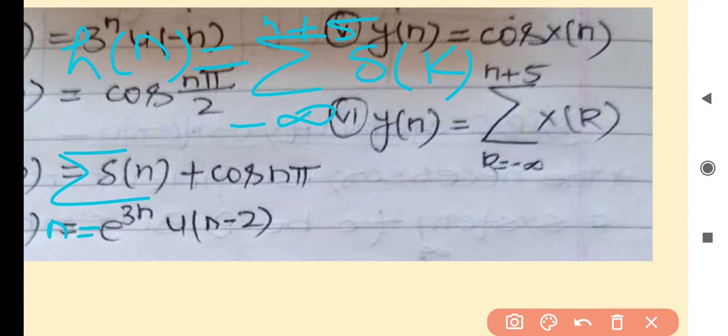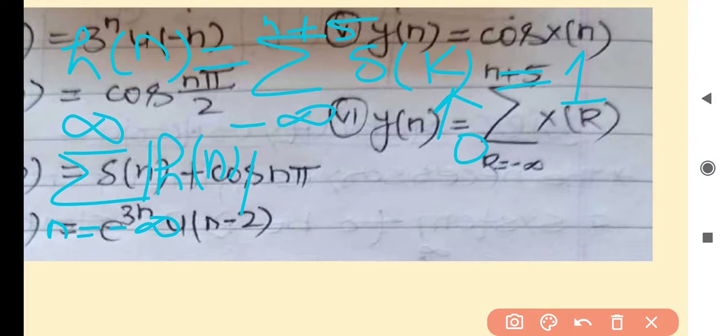n is from minus infinite to plus infinite, the mod of h[n]. The value of h[n] will be equal to 1 when k is 0.